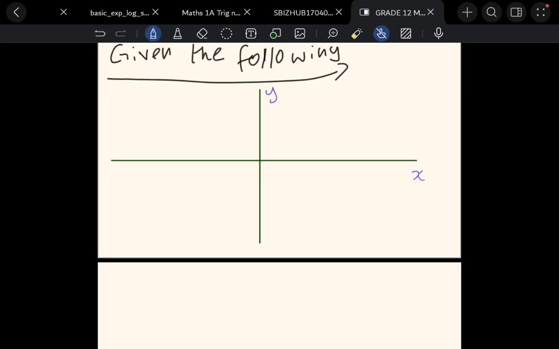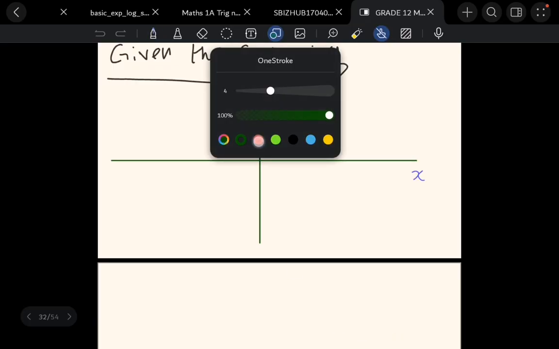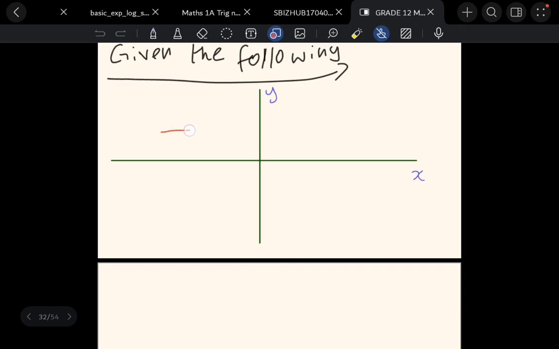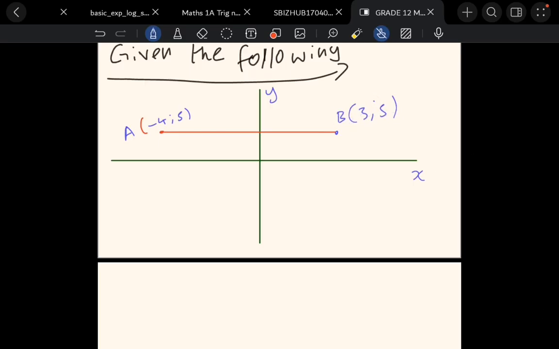And then I'm going to give points. Let's say this is coordinate A, which is (-4, 5), right? And then this point here, I'm going to call it B, which is (3, 5).